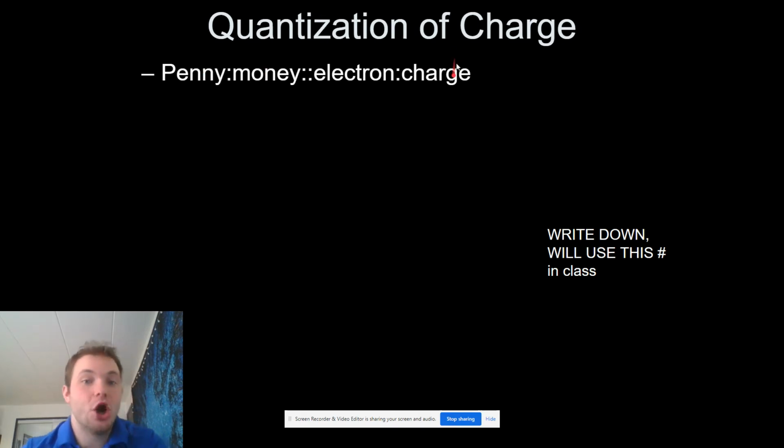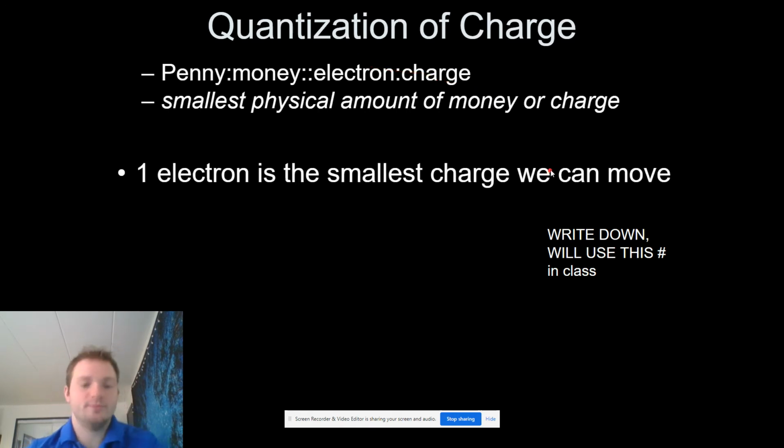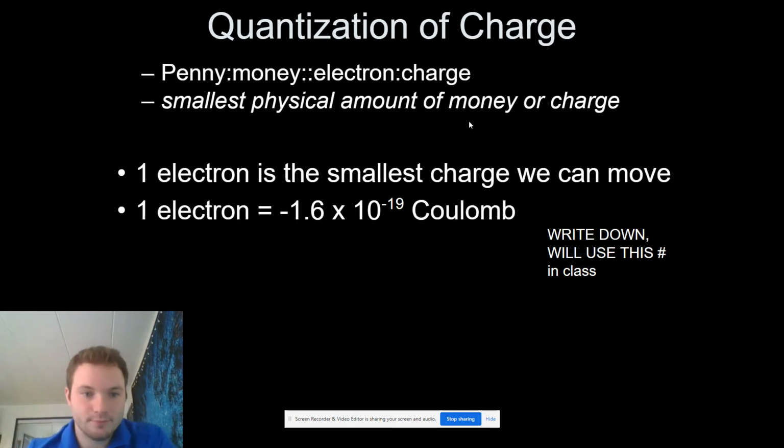To tell how much charge you have, you count by how many electrons. An electron is the smallest amount we use to count. So one electron is 1.6 times 10 to the negative 19th coulombs. Coulombs, here's our unit of charge. As you can tell, one electron is really small, so the charge is really, really small.